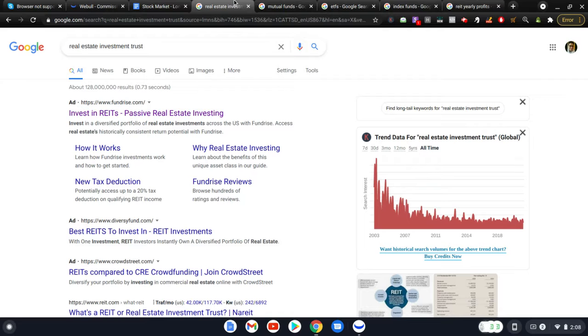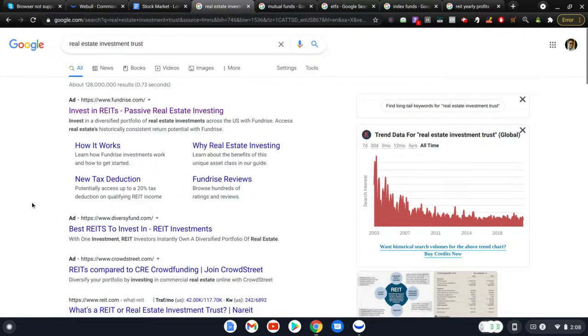And what are REITs? What they actually stand for is real estate investment trust.